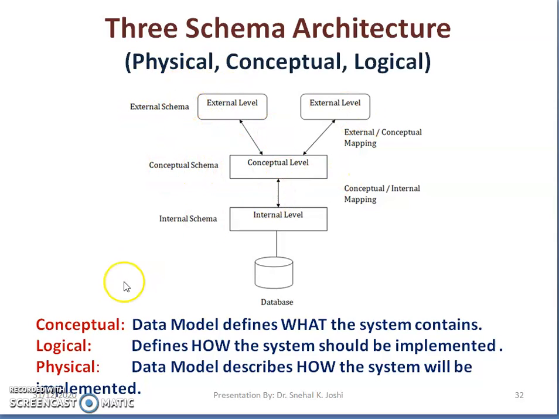This can be explained as follows: the conceptual schema is a data model that defines what the system contains. The logical schema defines how the system should be implemented, and the physical schema is where the data model describes how the system will be implemented. So that is your three schema architecture.